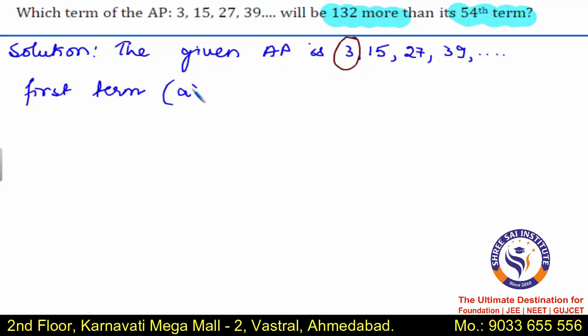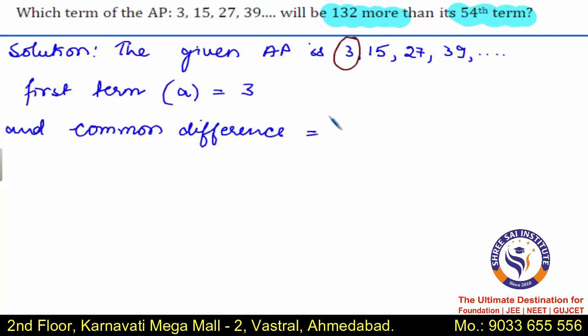Let us denote it by A, and the common difference, which is obtained by subtracting any term from its succeeding term, that is 15 minus 3 is equal to 12. Let us denote it by D.